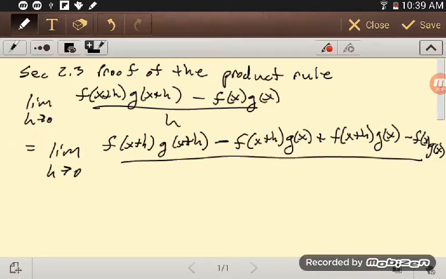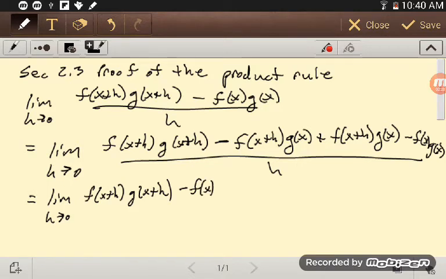all divided by h. And then what we do is we simply regroup, and then, of course, assuming the limits exist, we can break them up. And so we have the limit as h goes to 0 of, and I'll just keep them in the order they're in, f of x plus h, g of x plus h, minus f of x plus h, g of x.